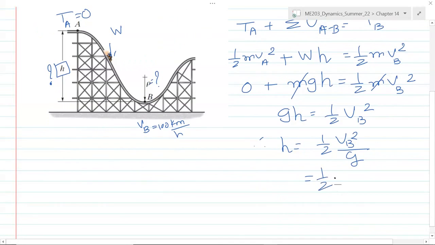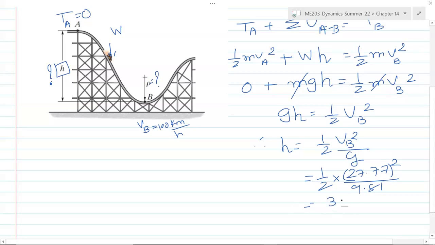So this is 1/2 times 27.77 square divided by gravitational acceleration, which is 32.2 if it's in feet per second square. Okay, sorry, this is an SI problem, so it's 9.81.